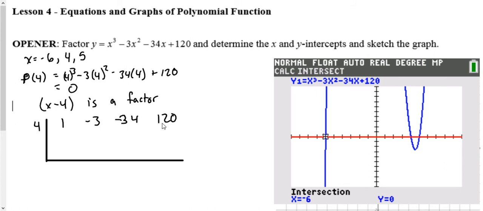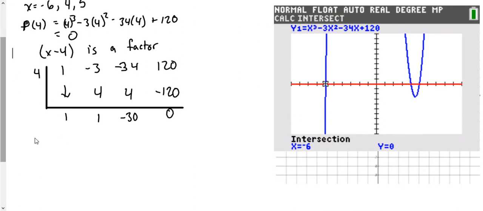Bring down 1, multiply by 4, add, that's positive 1, again multiply, add, that's -30, and multiply, -120, and add, we get 0. So for a partial answer, we have x minus 4, and x squared plus x minus 30 left over.